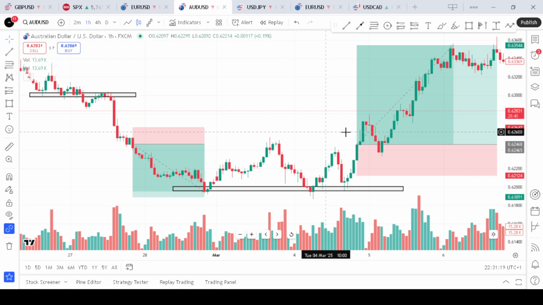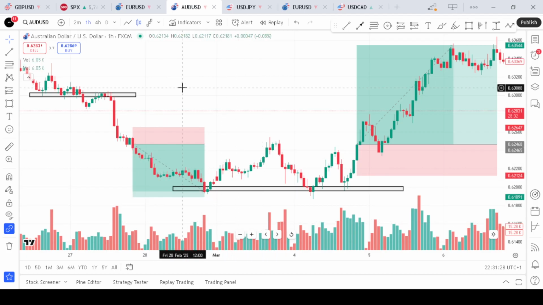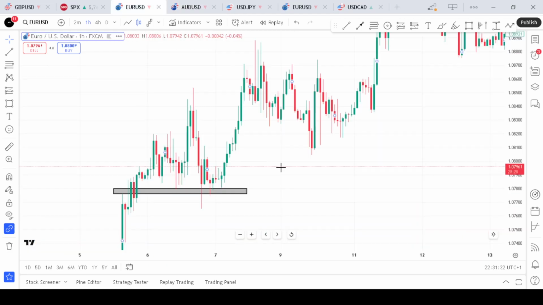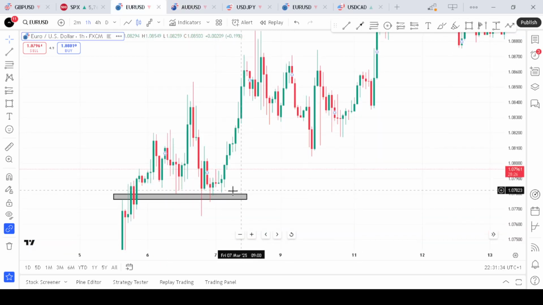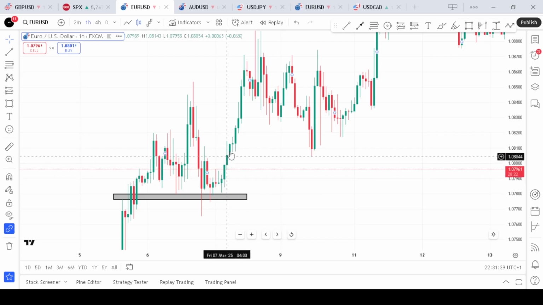Always enter after you have seen your confirmation candle, because this avoids entering trades prematurely. Patience is key. You have to ensure that you are trading a valid setup. This is another example. The first candle, the second candle, the third candle, then the fourth candle that confirms our move.